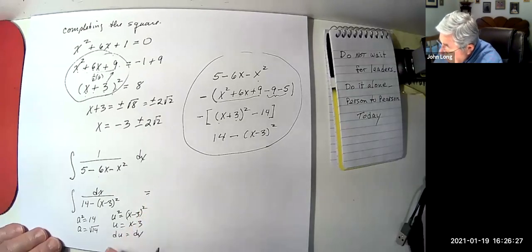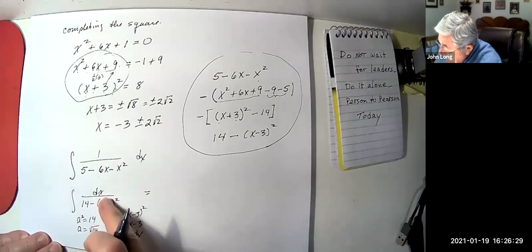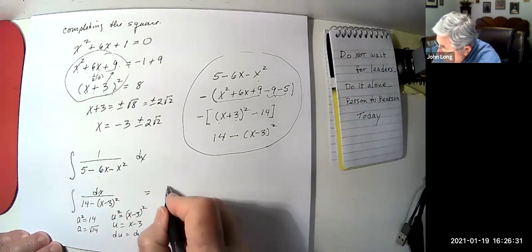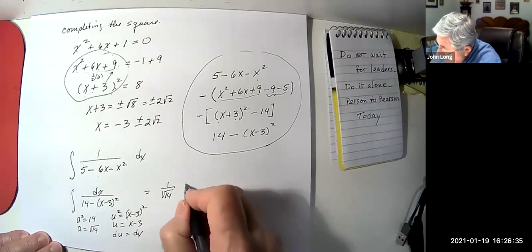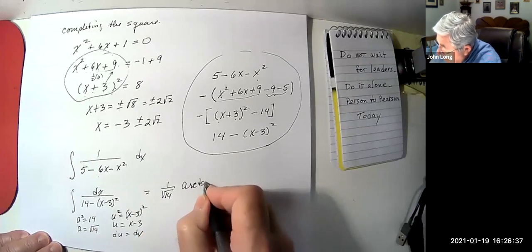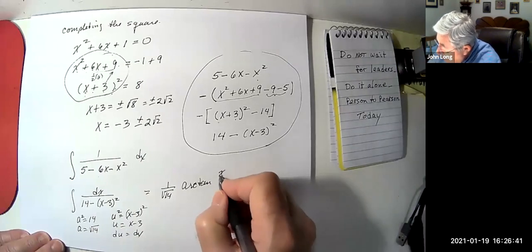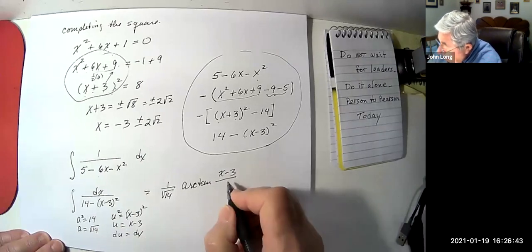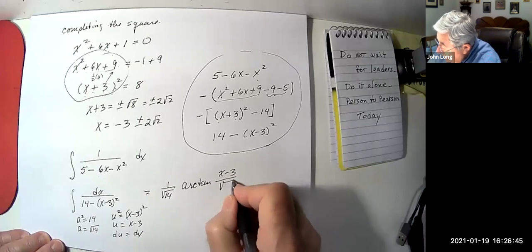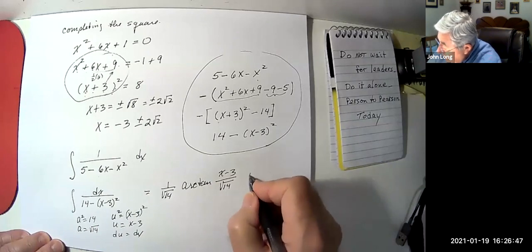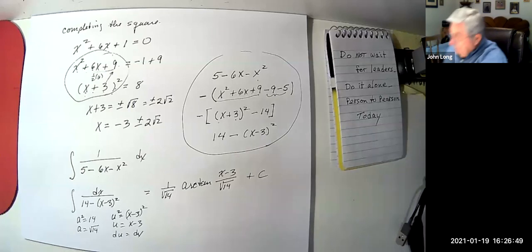So see, it does fit the format just perfectly. So this is 1 over a, 1 over root 14, arctan u, and u is this binomial, x minus 3 over a square root of 14 plus c.